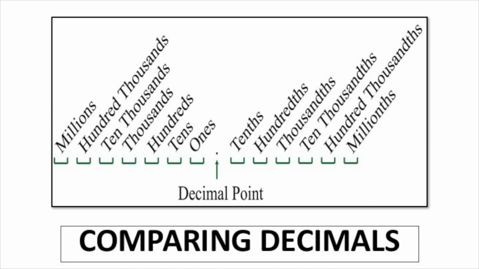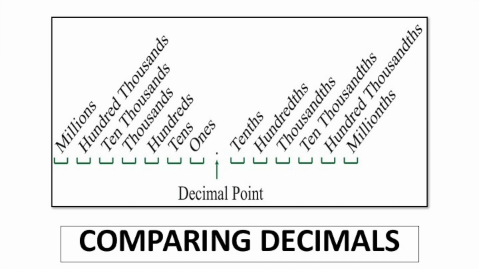So first of all, we can look at our place numbers of the different decimals. Here is our decimal point. Then we have tenths, hundredths, thousandths, and we can actually keep going. 10,000ths, 100,000ths, and millionths.